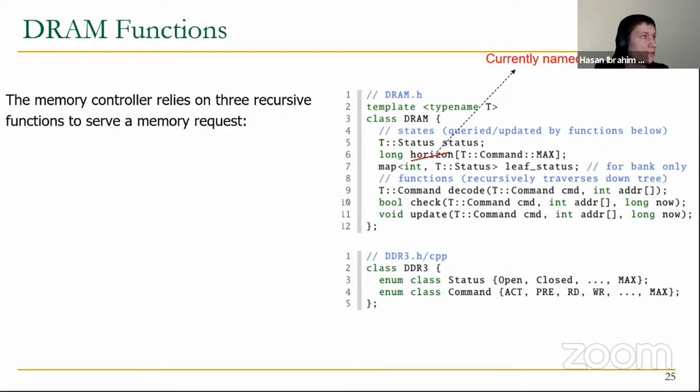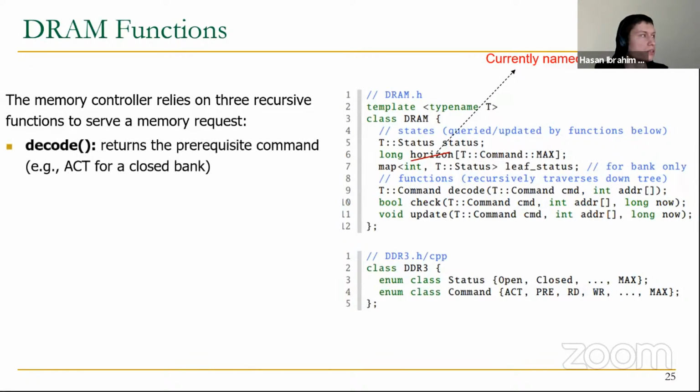Okay, so there are also some functions that I would like to point out. These are basically the functions that build the major part of the simulator, and understanding those is basically understanding the major part of how the simulator operates. So there is a decode function that returns the prerequisite commands, for example, the activate command for a closed bank. Let's say there's an incoming request that wants to access row 2.